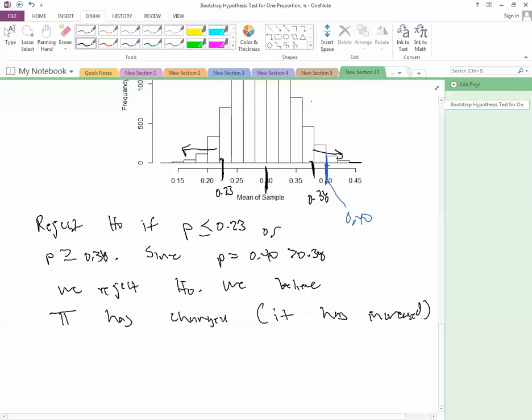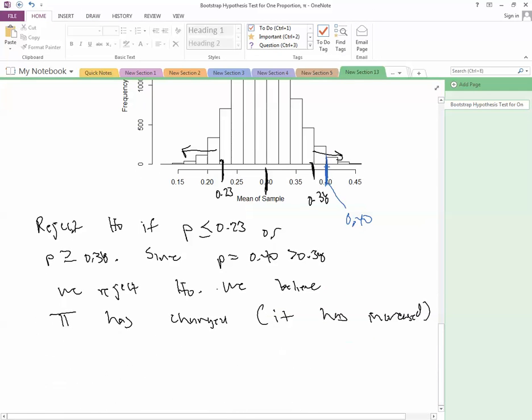So what does that mean? That means that more than 30% seem to visit the hospital with these issues. We can't be sure, because it's still based on a sample, but we believe based on our evidence that that's true.